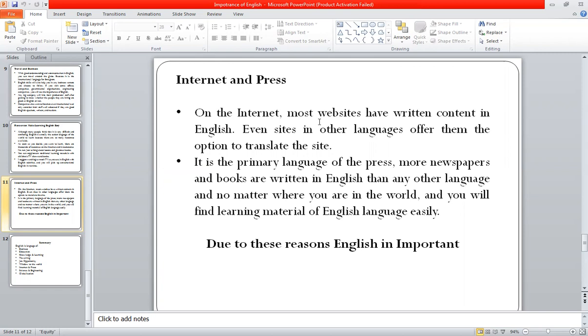There are many other sites which translate their content into your language, and they translate your language content into English also. So translation becomes very easy when we use Google or the internet for understanding this English language.